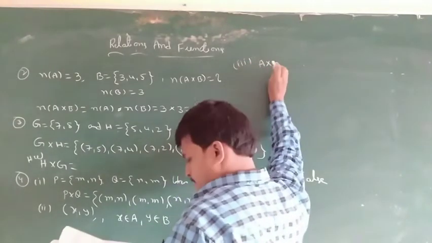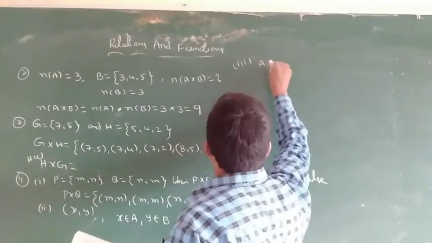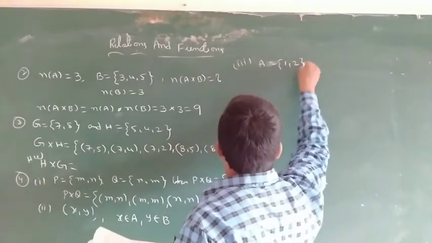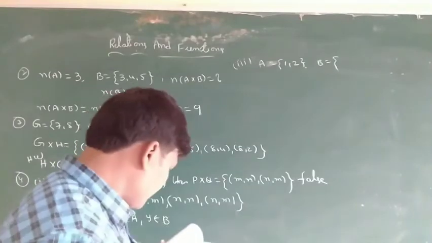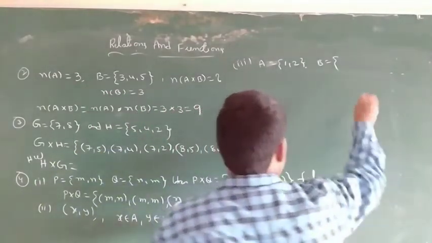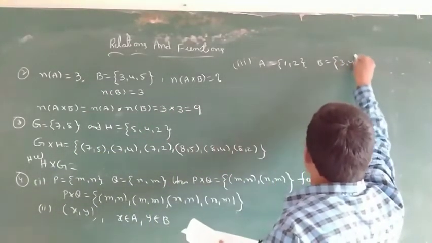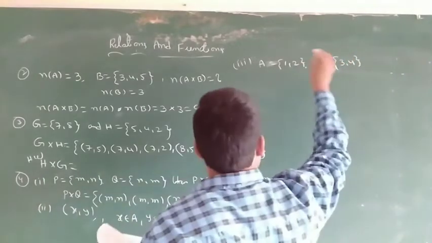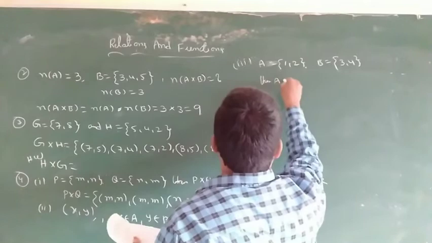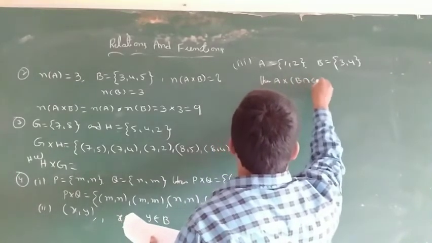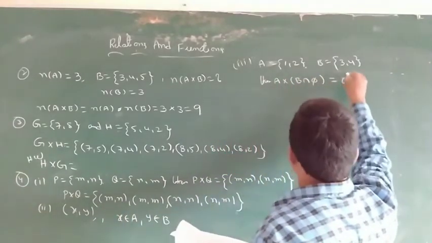A is equal to {1, 2}, B is equal to {3, 4}. Then A cross B intersection pi is equal to pi.